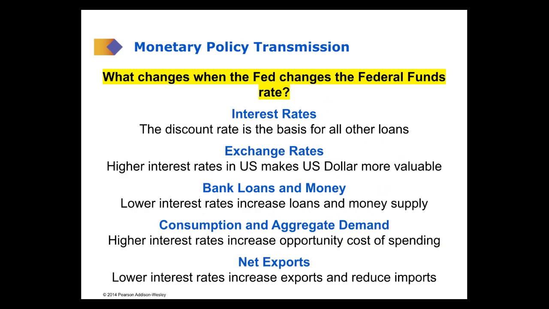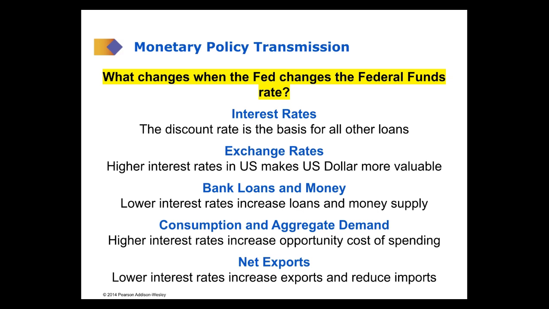And so when we look at monetary policy and the Fed changing the federal funds rate target, what gets impacted by that when this monetary policy process is enacted? Well, the answer is everything. Interest rates are determined by the federal funds rate. Exchange rates are determined by the strength of the dollar, which is affected by the level of interest rates.